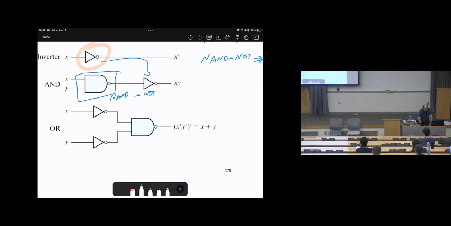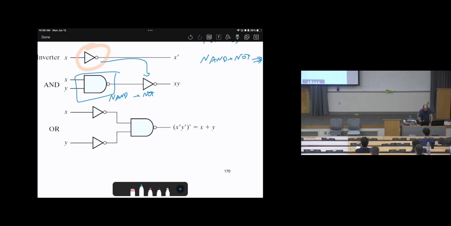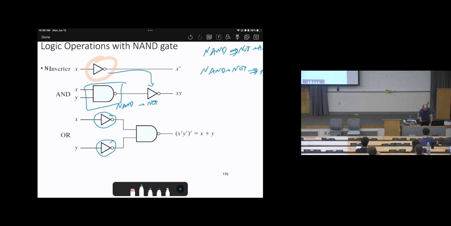How about OR? We can put the operators at the inputs, not the outputs. Or we can put the NOTs at the inputs. So here in NAND, it's actually (XY) bar, and we'll put bars on the inputs.